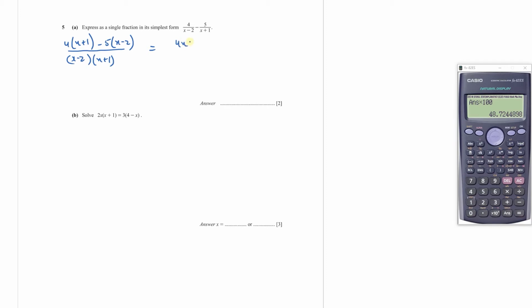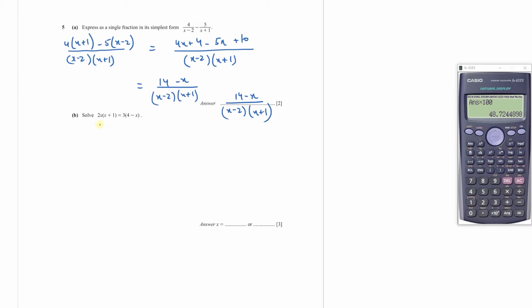I will get 4x plus 4 minus 5x plus 10 over x minus 2 into x plus 1. And then I can simplify in the numerator. 10 plus 4 is 14, minus 5x plus 4x will be minus x over x minus 2 into x plus 1. So this will be your final answer: 14 minus x over x minus 2 into x plus 1.